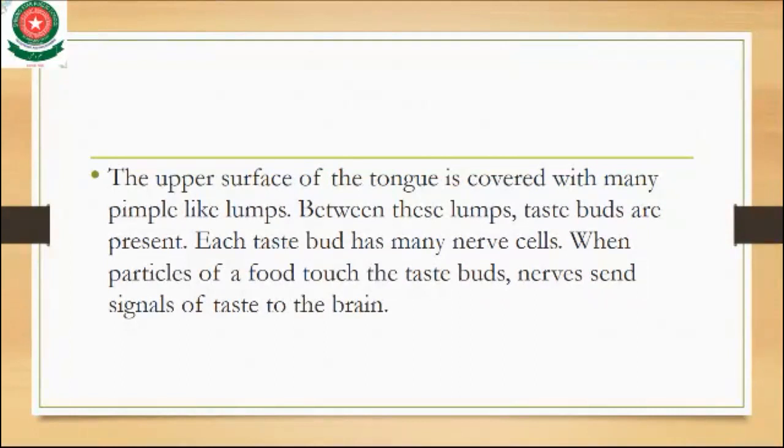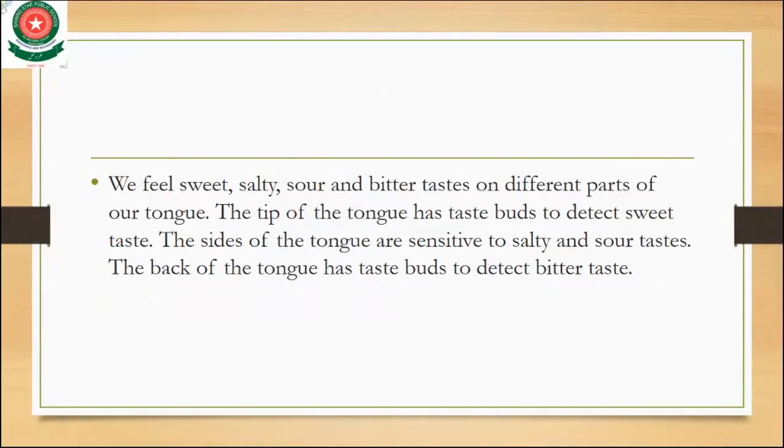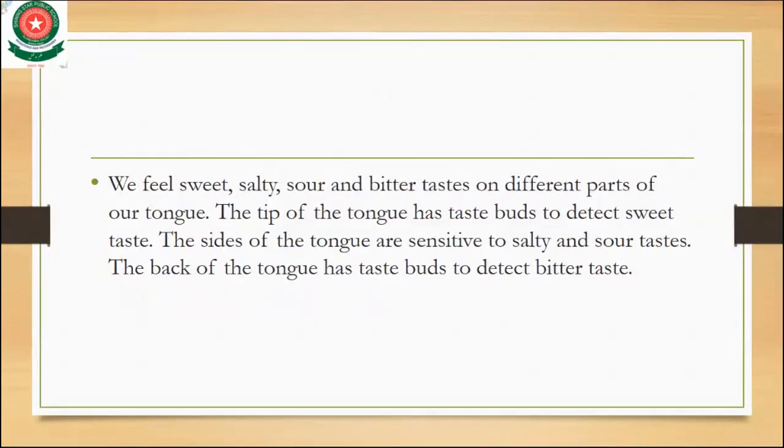Each taste bud contains different nerve cells, and when a particle of any food touches the taste buds, the nerves send the signal to the brain, so you can easily detect the taste of a flavor, and you can feel sweet, salty, sour, and bitter taste on different parts of our tongue.